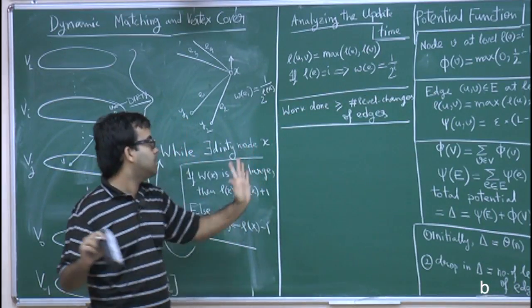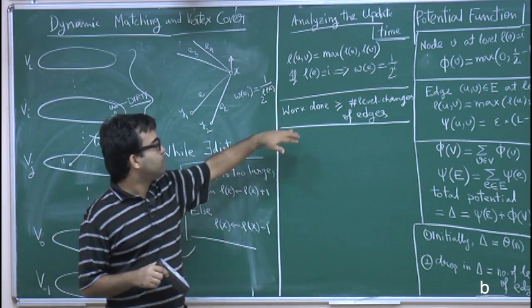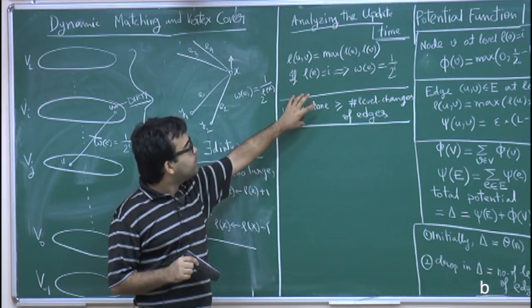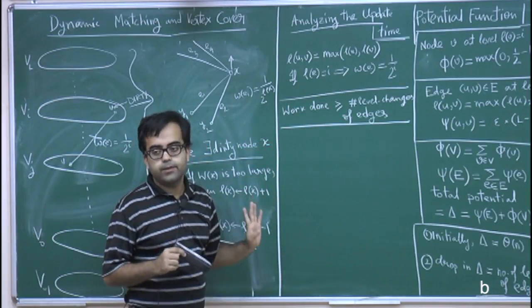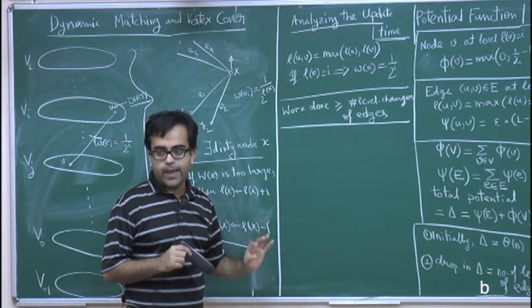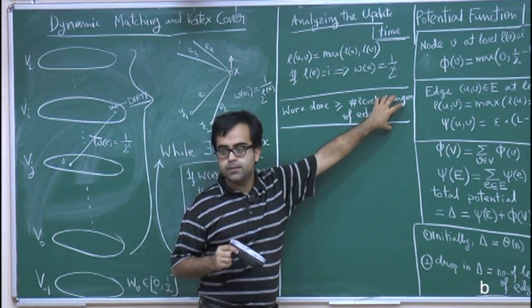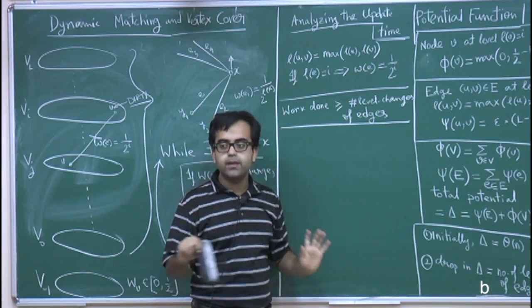Let us just first get the data structure issue out of the way. We will design a data structure where the work done will be actually proportional to the number of level changes in edges, and then later on we will try to bound this quantity. So, then these two issues will be completely separated out.